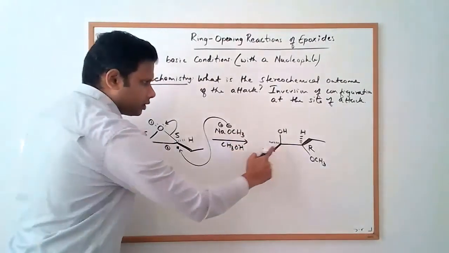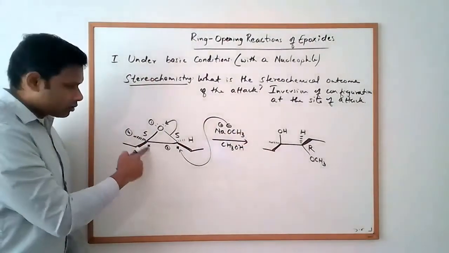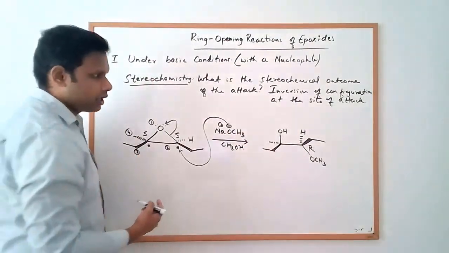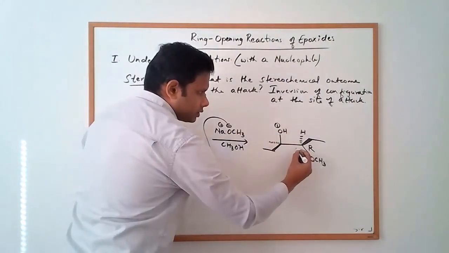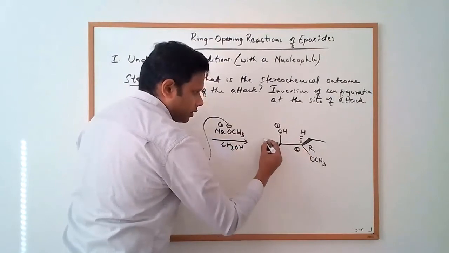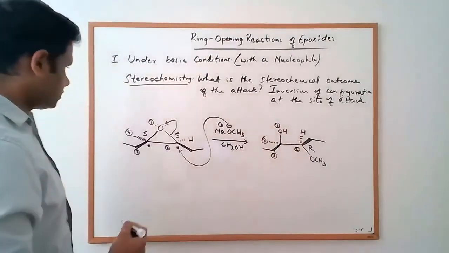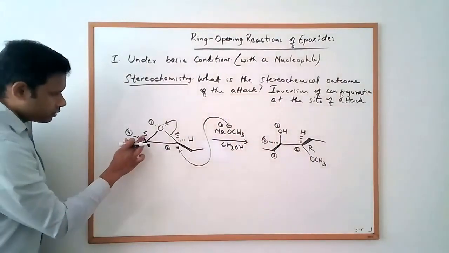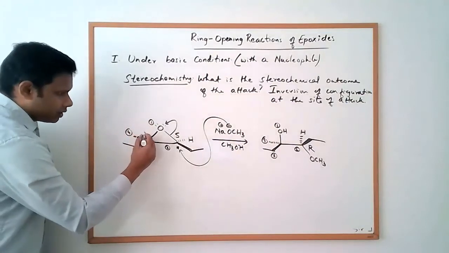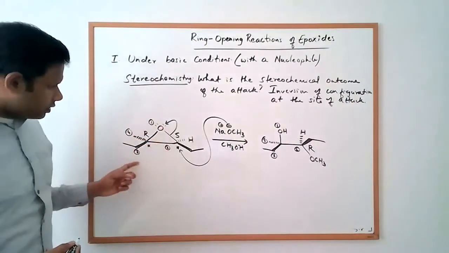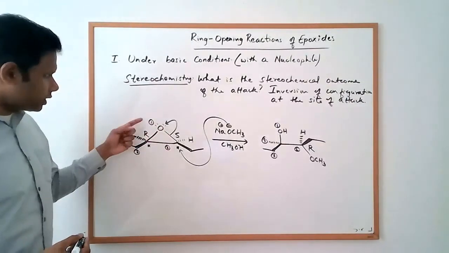But if you look at the other carbon, the carbon that was not the site of the attack, on that carbon, this is 1, there's our 2, 3, and 4. So if you look at it, the configuration, oh my God, sorry, my bad here. This configuration here was already R. It was a clockwise rotation. I assigned it incorrectly at that point.